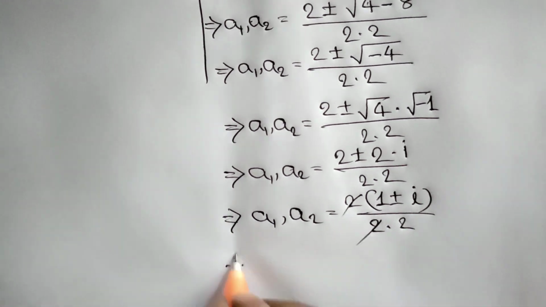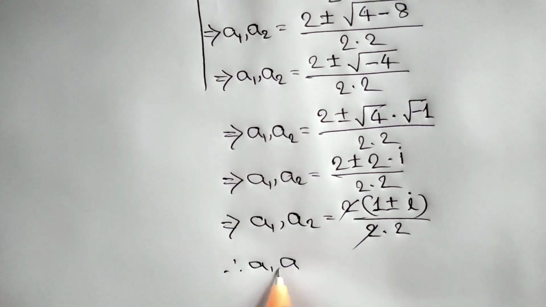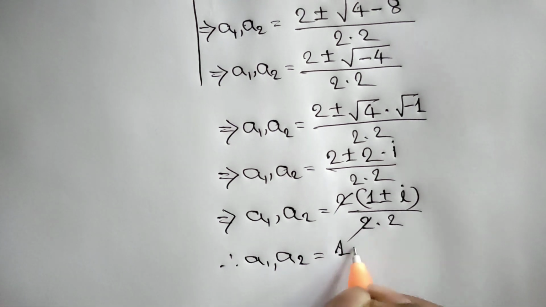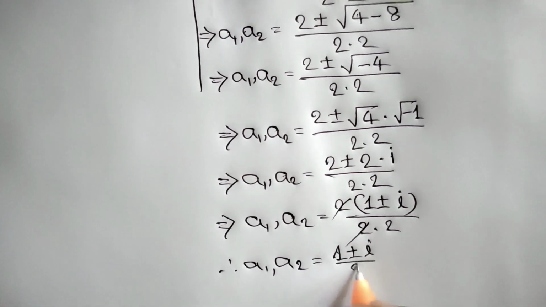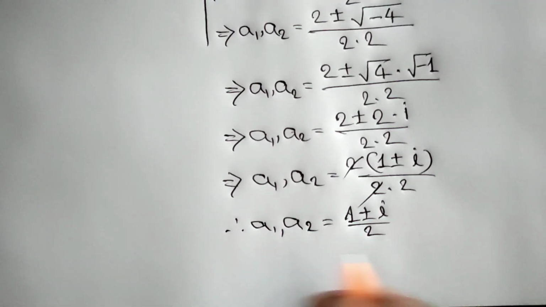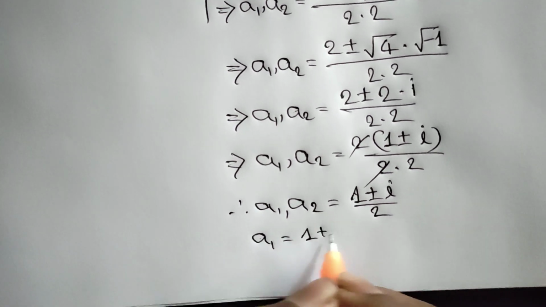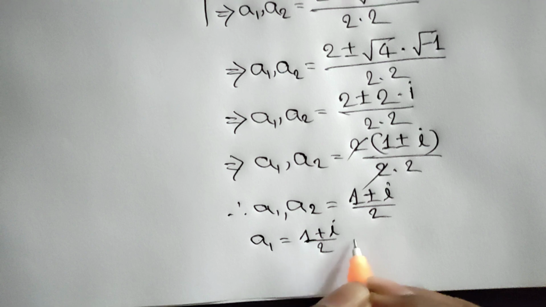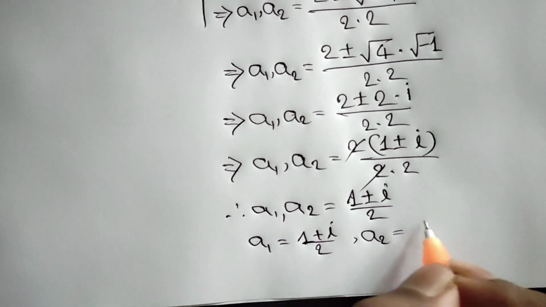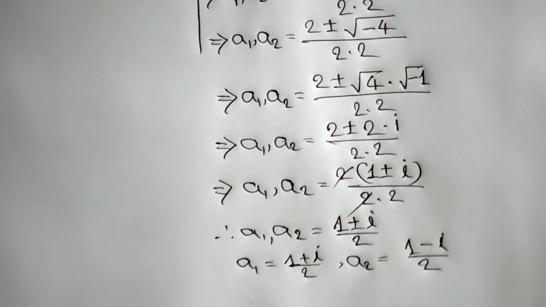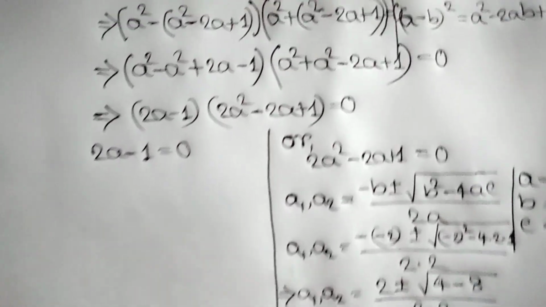So finally the value of a1 and a2 is equal to 1 plus or minus i over 2. Here a1 is equal to 1 plus i over 2, and a2 is equal to 1 minus i over 2.